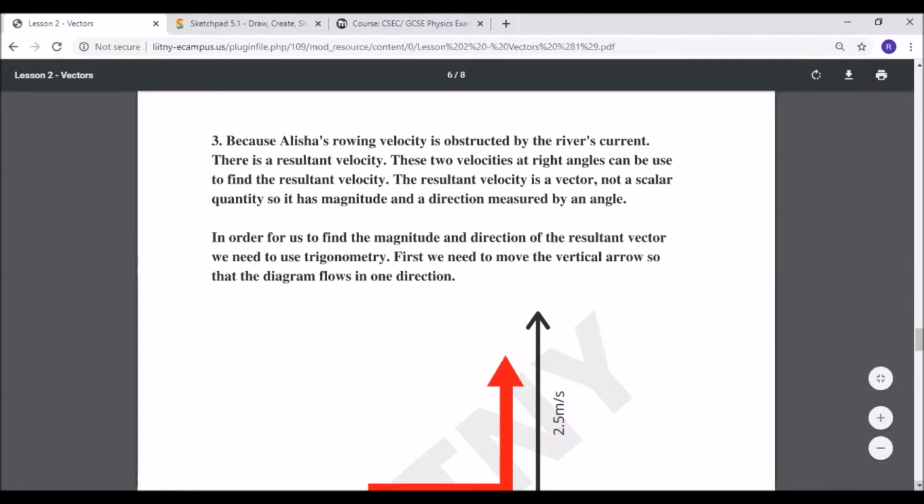Because Alicia's rowing velocity is obstructed by the river's current, there is a resultant velocity. These two velocities at right angles can be used to find the resultant velocity. The resultant velocity is a vector, not a scalar quantity, so it has magnitude and direction measured by an angle. First we'll find the magnitude.